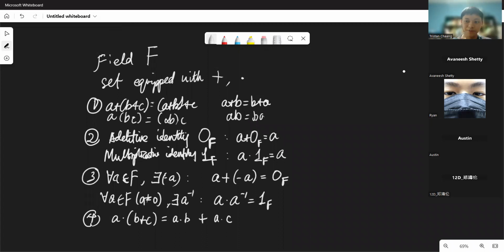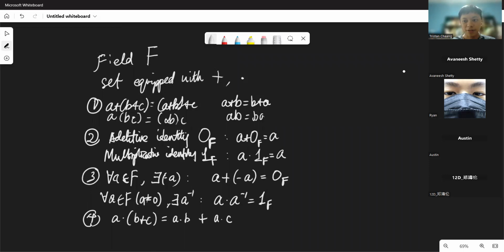Okay, so if you have a given set of some random objects, but to each pair you assign the addition result and the multiplication result, so you have a lot of pairs. If you have n objects, then you have to assign n squared values for addition, n squared values for multiplication.